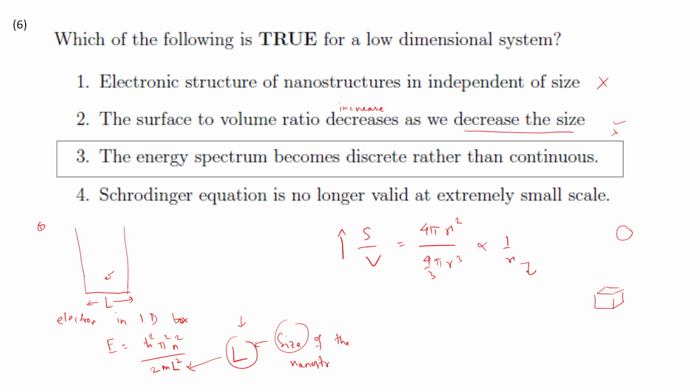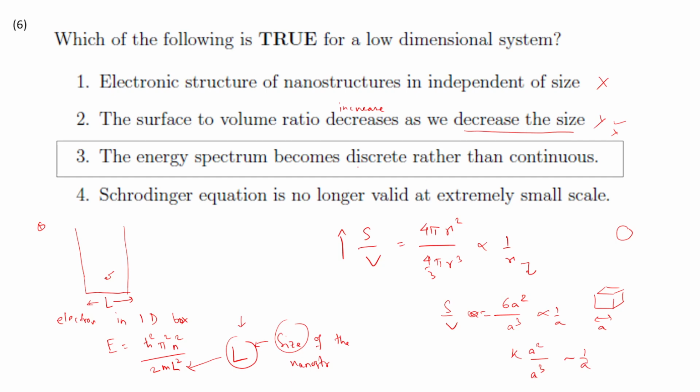For a cubic particle, the surface is 6a² and the volume is a³, so S by V is 1 by a. For any particle, the area goes as a² with some proportionality constant, and the volume goes as a³, some feature size a³, so it goes as 1 by a. So this statement is wrong.